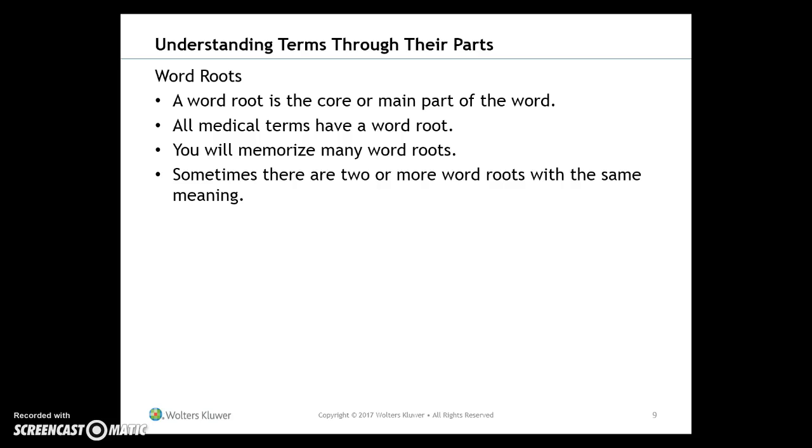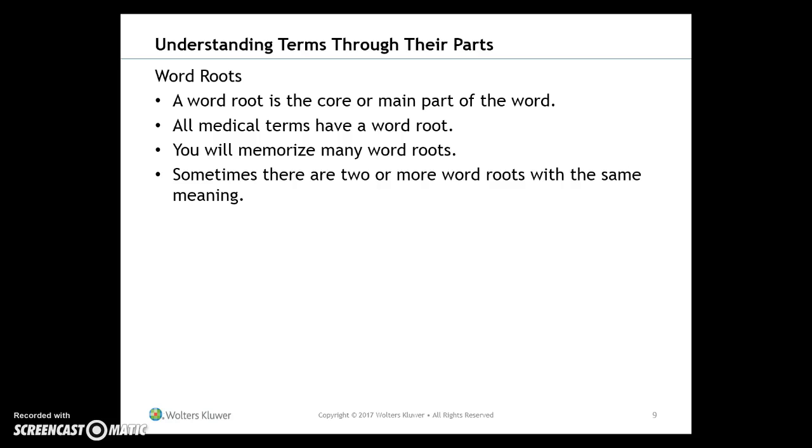You probably already know some of them, if you've been in healthcare or been around someone that talked about healthcare, because a lot of our everyday words are also derived from them. Also keep in mind, sometimes there's two or more word roots with the same meaning. Once you know what the root word means, you'll be able to understand lots of other words that contain that root word.